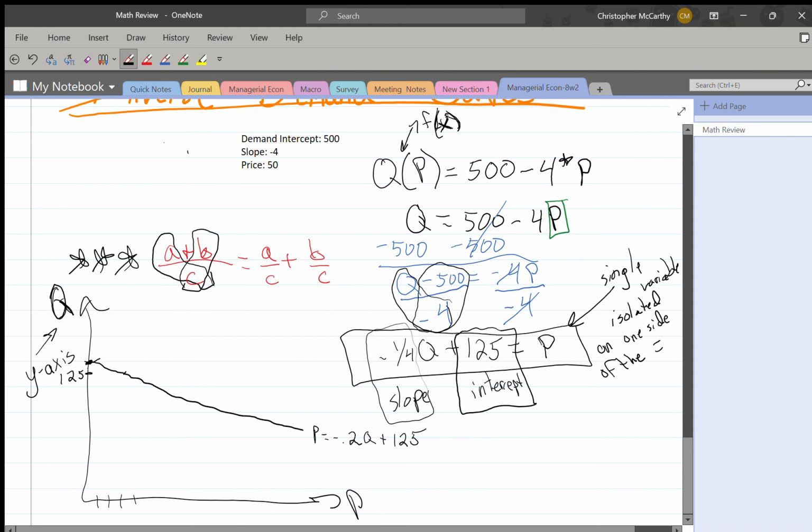And then we can tell here that this is 4, this is 1. So the m is equal to the rise, negative 1, over the run, which is 4. And so it's equal to negative 1/4 or negative 0.25. All right, I think that should cover it all.